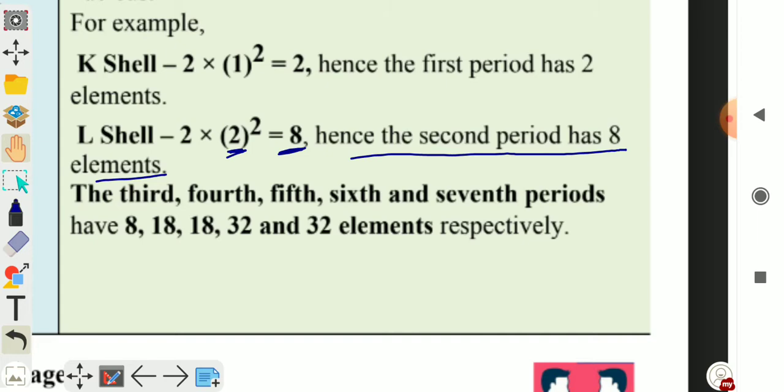These are the maximum number of elements present in the shells. In the first shell 2, in the second 8, third 8, fourth and fifth 18, 18, and sixth and seventh 32 and 32 elements are present in the modern periodic table.